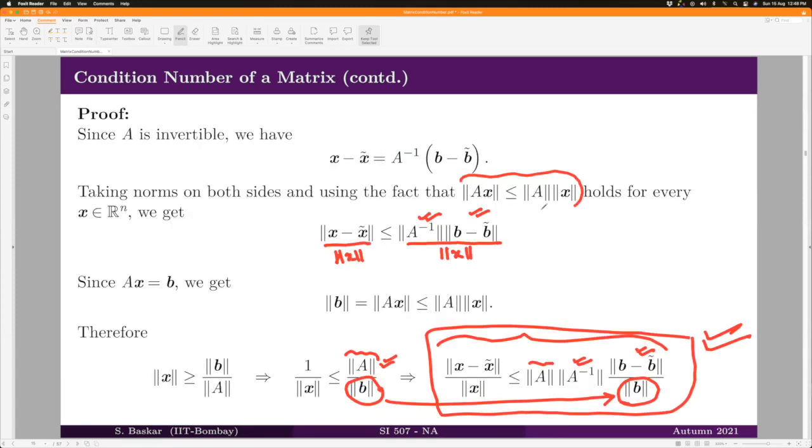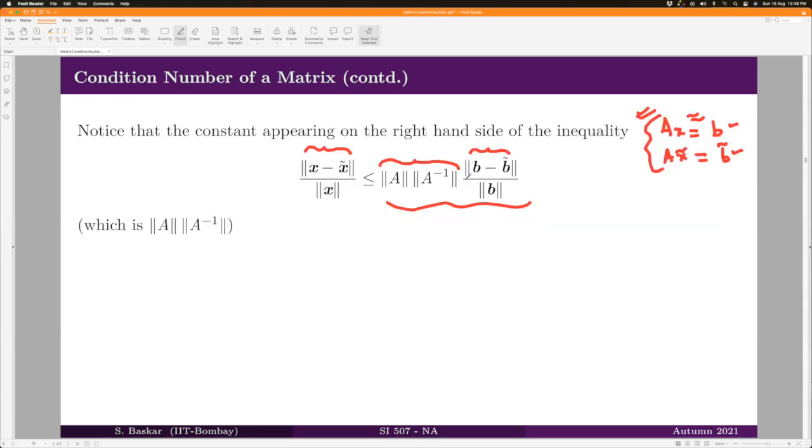Why? Because by using this property, you cannot work with some matrix norm that you like and some other vector norm that you like. No. You have freedom to choose your vector norm. Once you choose your vector norm, the matrix norm should be the subordinate matrix norm of that vector. This you have to keep in mind.